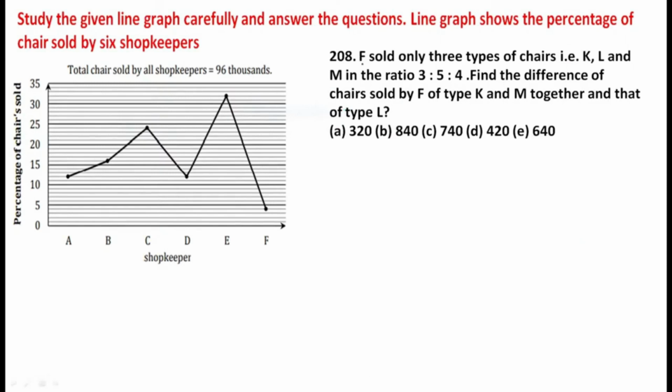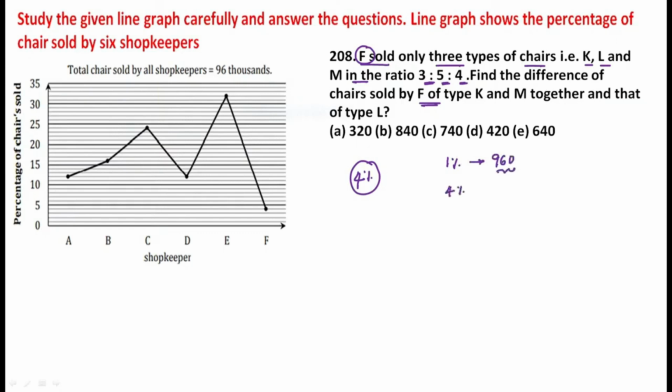The next question. F sold only three types of chairs, K, L, and M, in the ratio of 3 is to 5 is to 4. Find the difference of chairs sold by F of type KM together and L type. First of all, you have to identify the total number of chairs sold by F. F value is exactly equal to 4 percentage, and you already know that 100 percentage is exactly equal to 96,000, which means the 1 percentage value is exactly equal to 960.